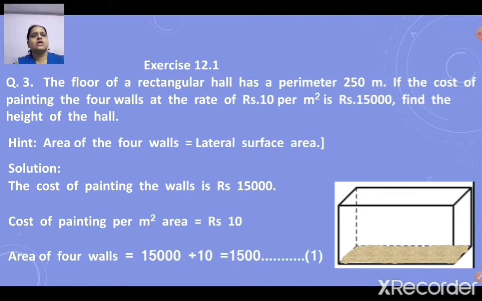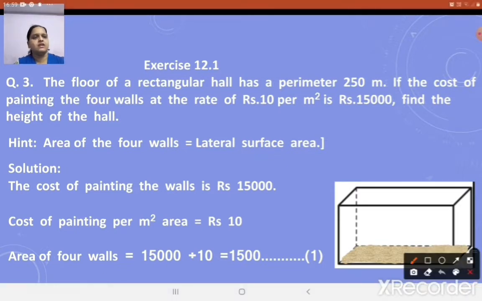The area of 4 walls will be 15,000 divided by 10. This 0 and 0 will get cancelled and you will get the answer as 1,500. So the lateral surface area, that is the area of 4 walls, is equal to 1,500.